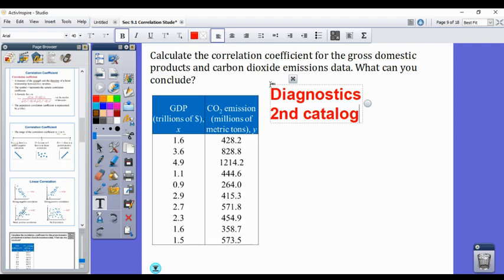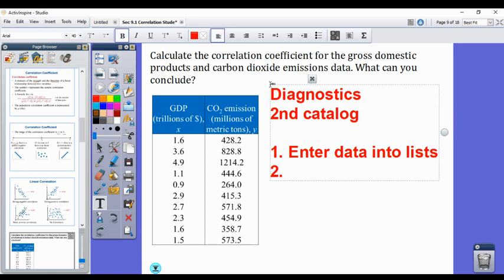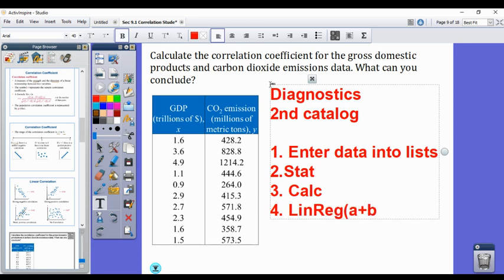And then after you've done that, you're going to again enter the data into the list, list 1 and list 2 preferably. Then you're going to click stat. You're going to go over to calc, and then you're going to select the option that says lin reg a plus b x.